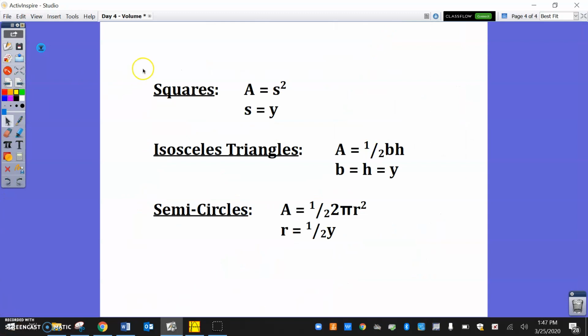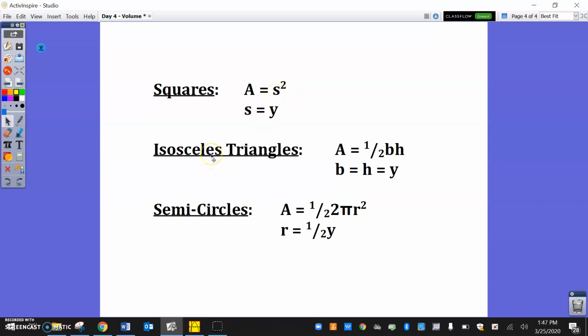Okay, so when you're doing volume by slices, if you're using squares, your area formula is area equals side squared, and what you're going to use for the side is whatever the y equals equation is. So if it's y equals x squared, you use x squared for the side. If it's y equals 2x plus 1, you use 2x plus 1 for the side. That's what you'll plug in for your s right here.